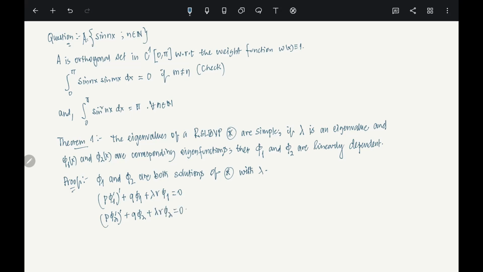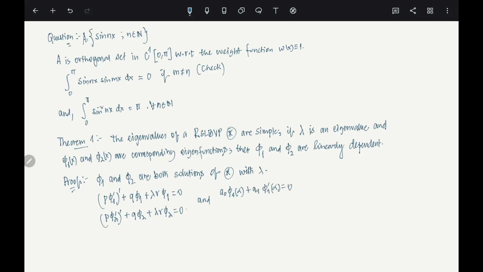We have also the boundary data. And moreover, you have the boundary data: A0 phi1 at the point alpha plus A1 phi1' at the point alpha is 0.